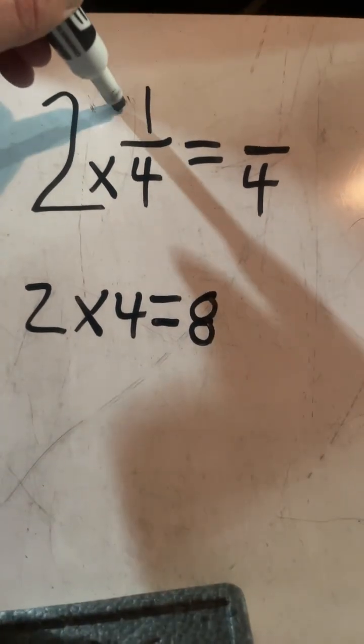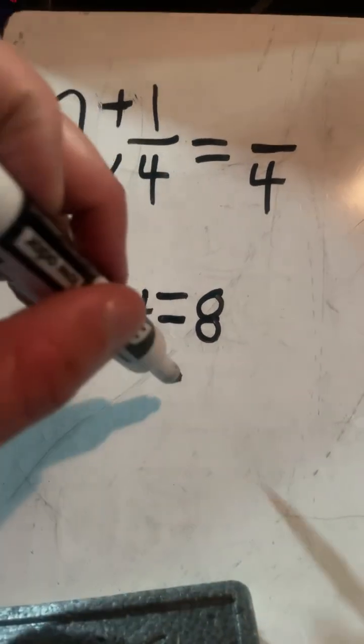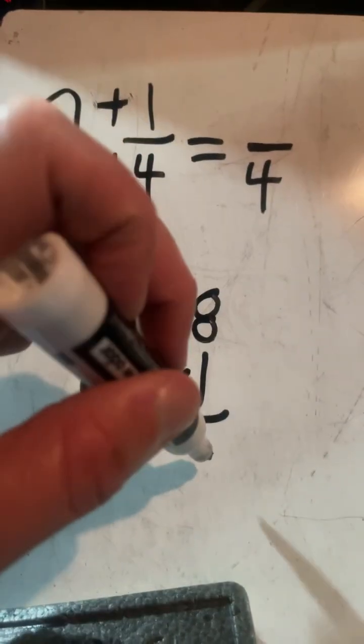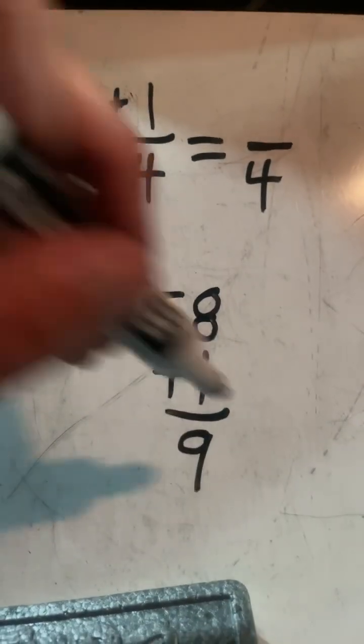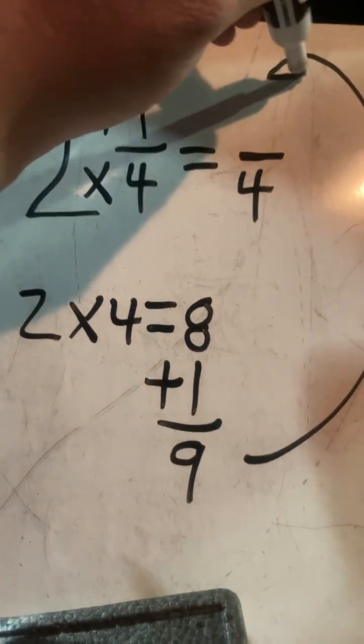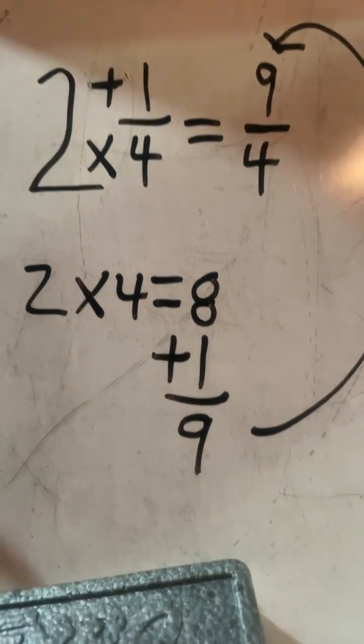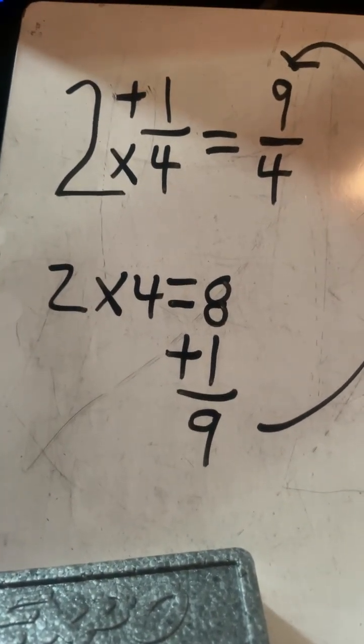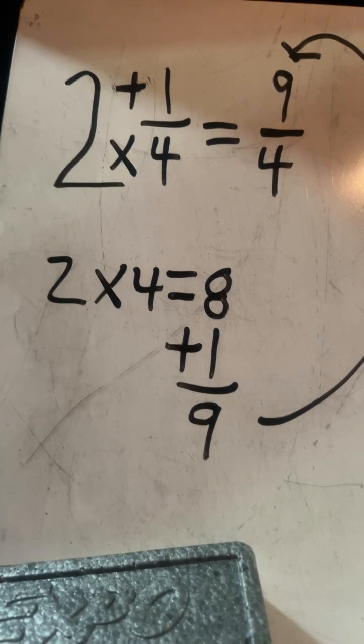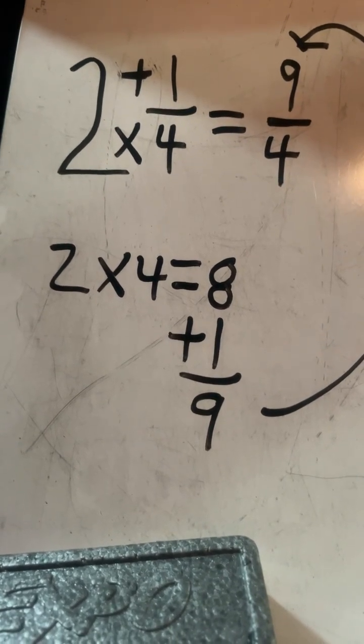Then we add our numerator. 8 plus 1 equals 9, so 9 would be the top number. And we have our final answer. 2 1/4 converted to an improper fraction would equal 9/4.